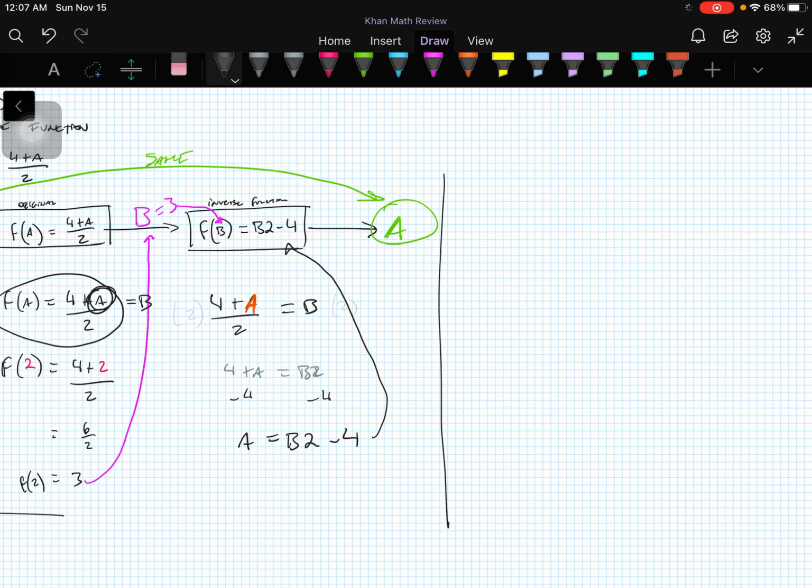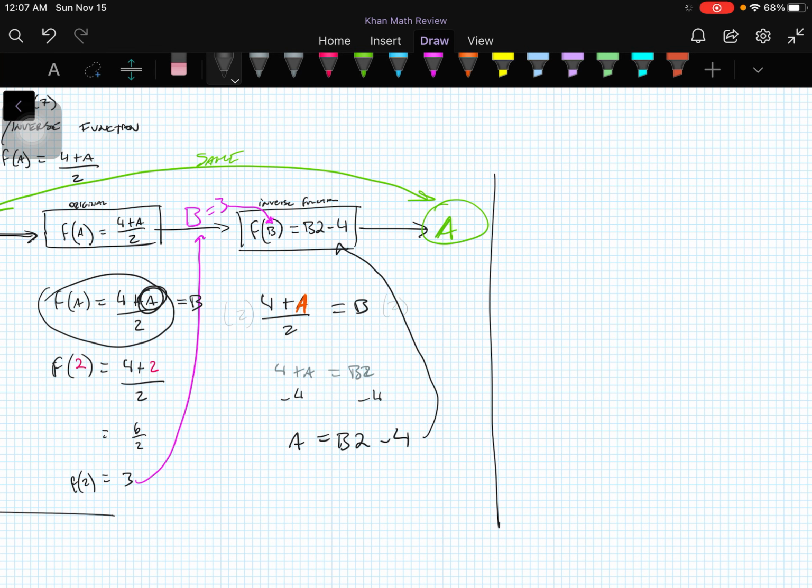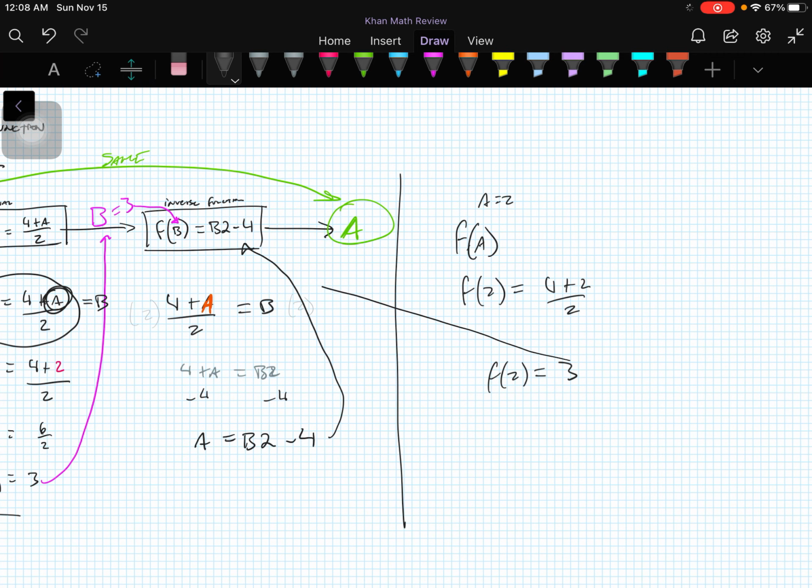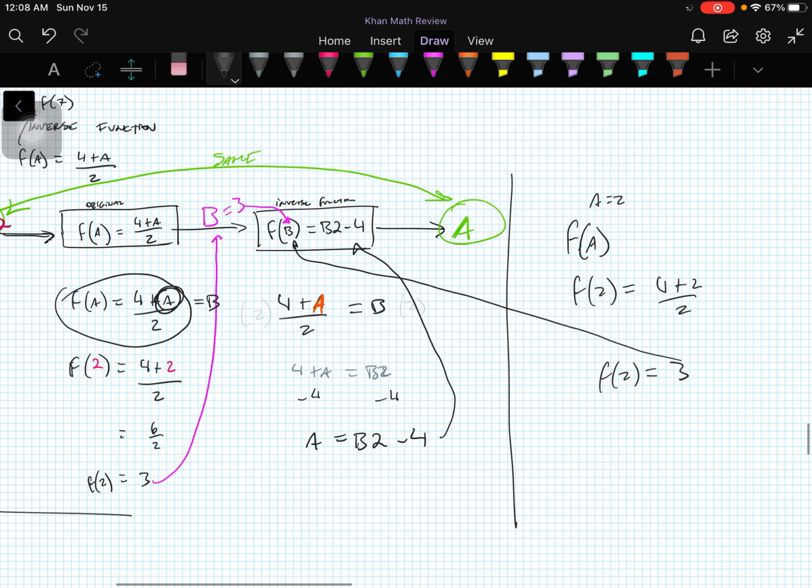So how do we test that that was correct? Well, f of a, when a equals 2, so f of 2 equals 4 plus 2 divided by 2, we conclude f of 2 equals 3, as we had up here on the left. When I plug in 3 in here, I need to get 2, because remember a had to equal 2.